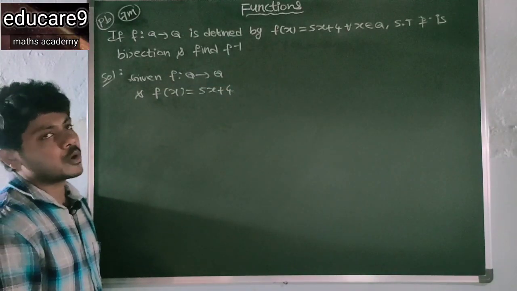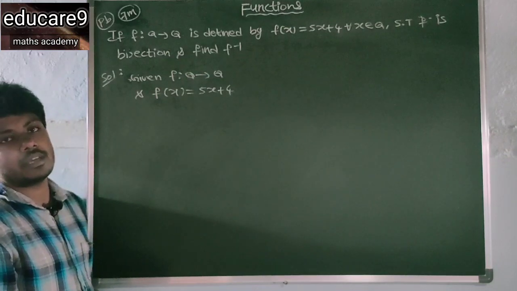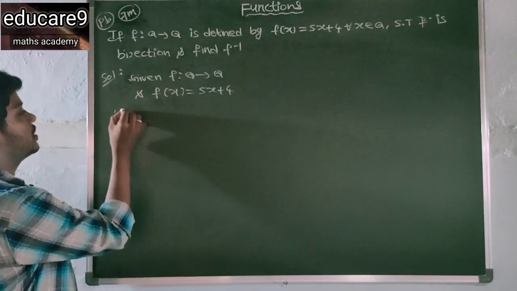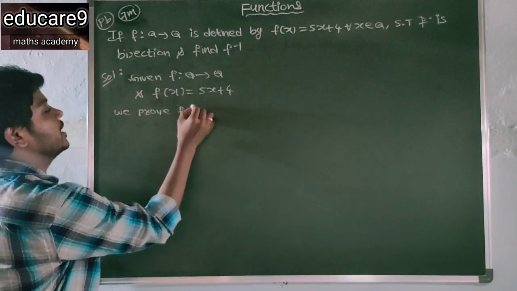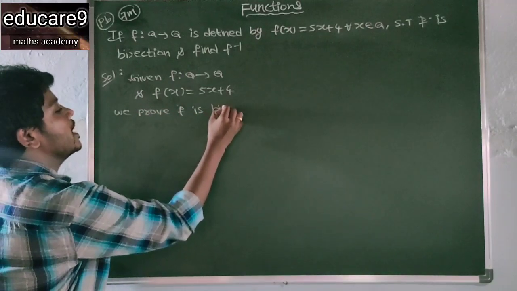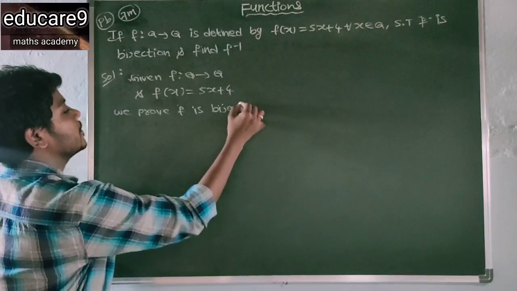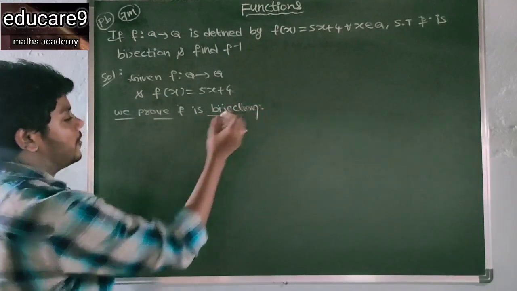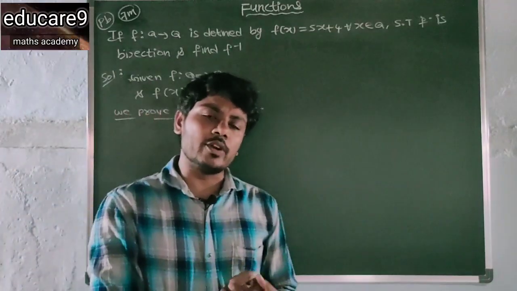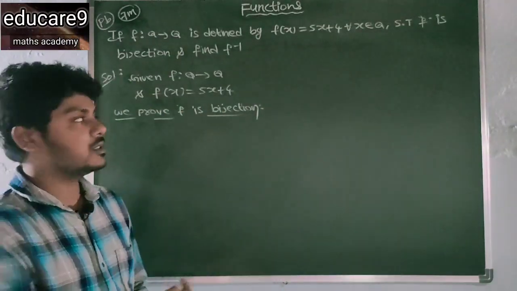Now you want to prove f is a bijection. So first you prove one-one. So what is the definition of one-one? See here.